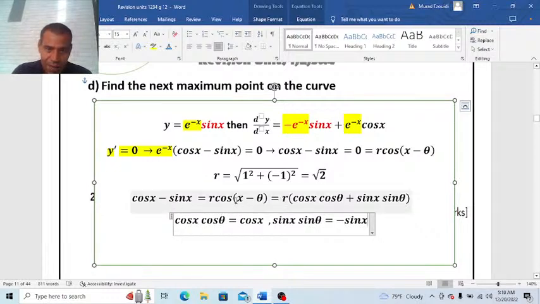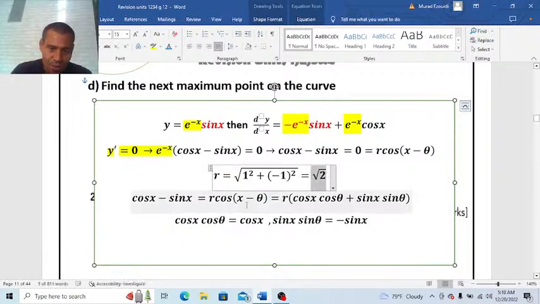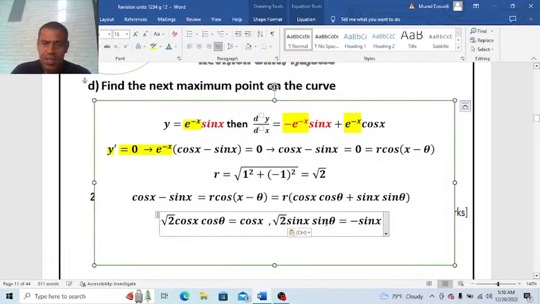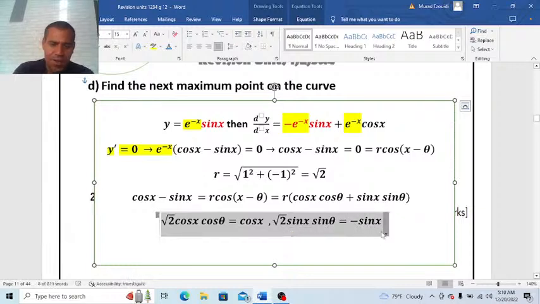So r in fact is root of 2. This is root of 2 because r is root of 2, and this is also root of 2 sine x sine theta equal minus sine. Therefore I will cancel now this one. I will cancel the cosine and the sine x because they are common factors for each.